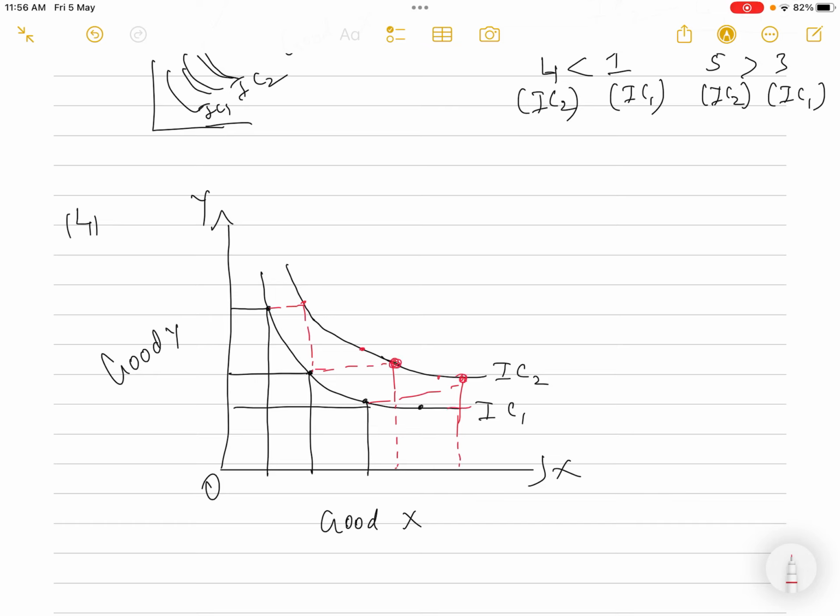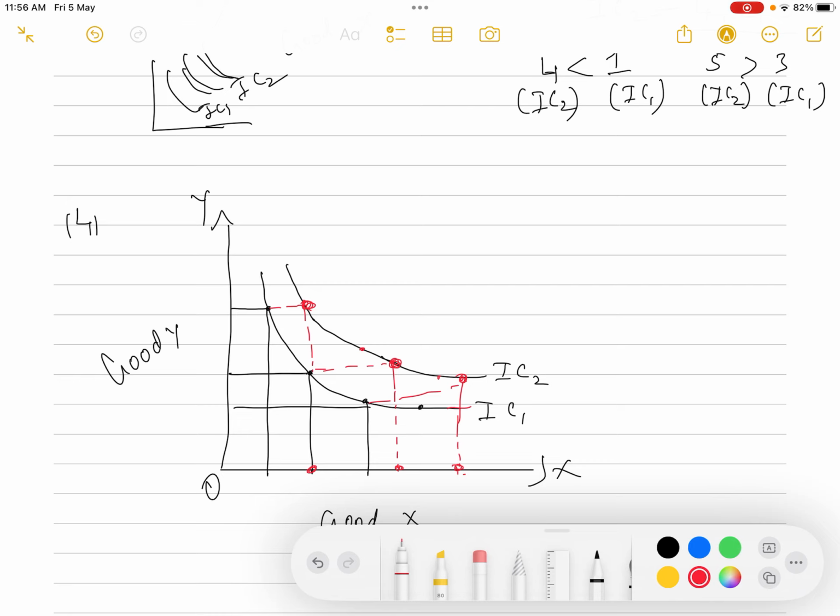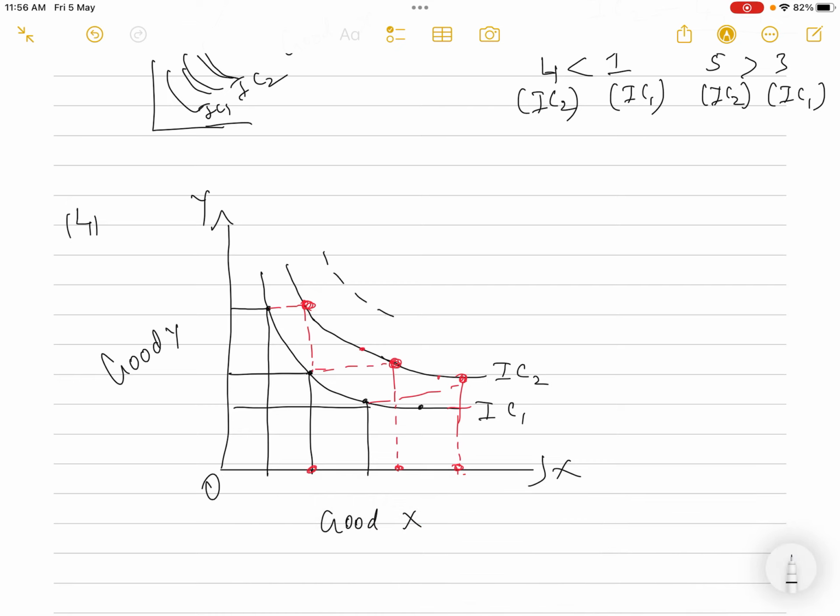So these are all the points. Now what we are observing here, he can purchase more units of commodity X and commodity Y. Like that, if the income of the consumer still keeps on increasing, he can move on to another IC curve, that is IC3.